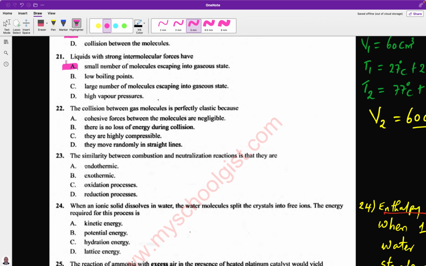They are highly compressible. They move randomly in straight lines. So you will see that there is no loss of energy during collision.